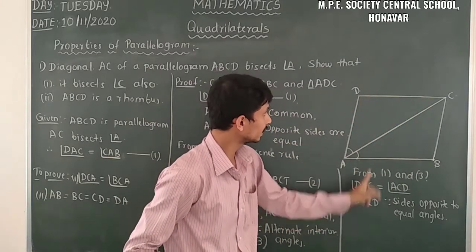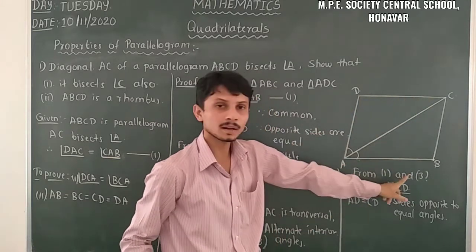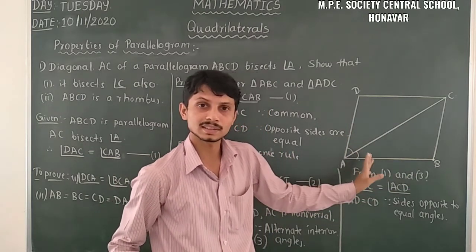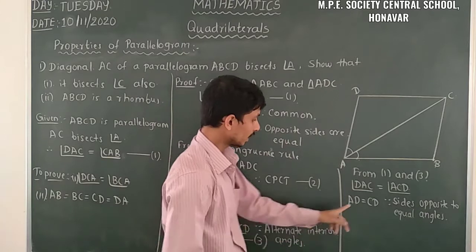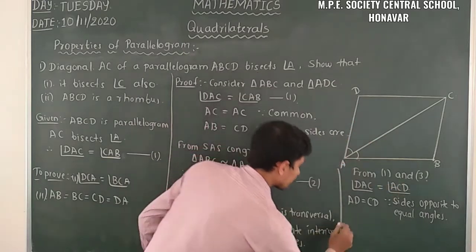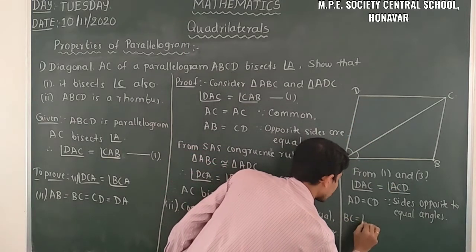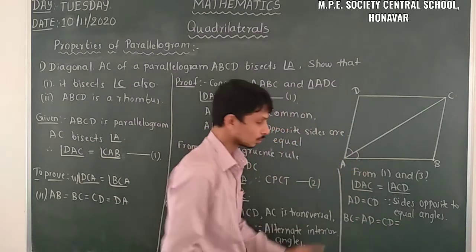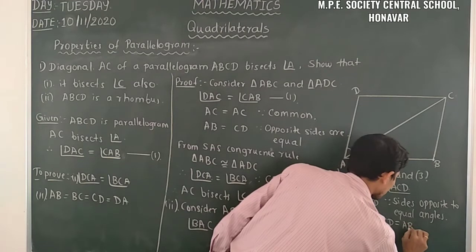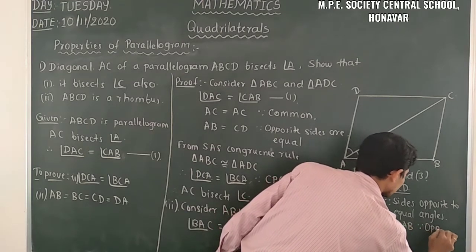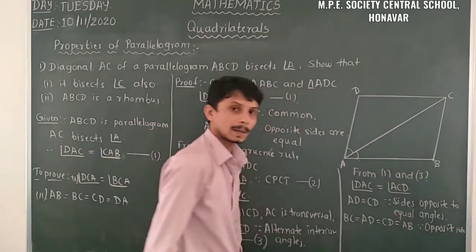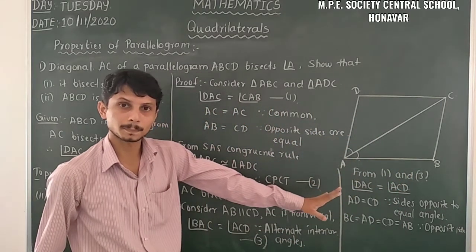CD and AB are opposite sides, and those two are equal. So BC is equal to AD, and AD is equal to CD, which is equal to AB, because they are opposite sides of a parallelogram.